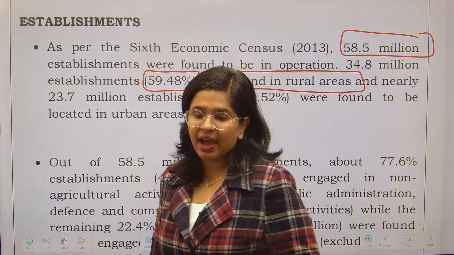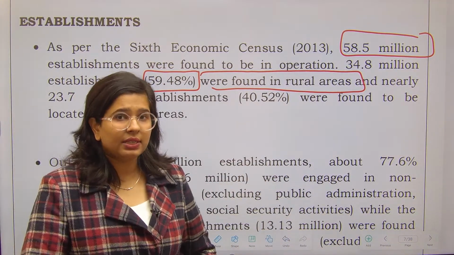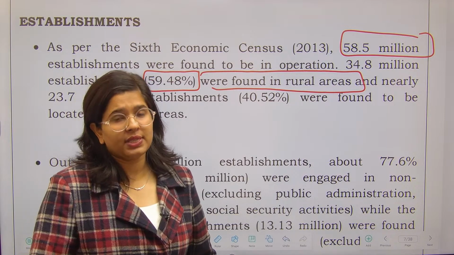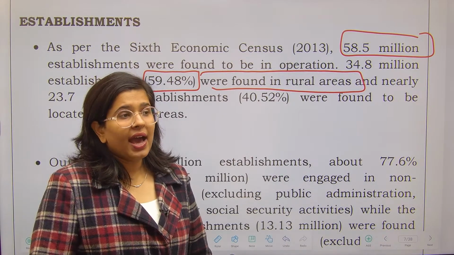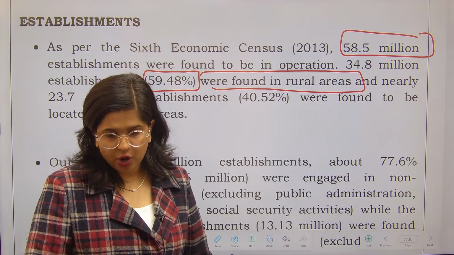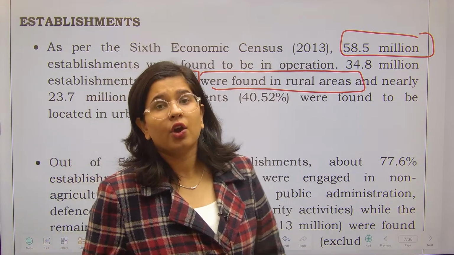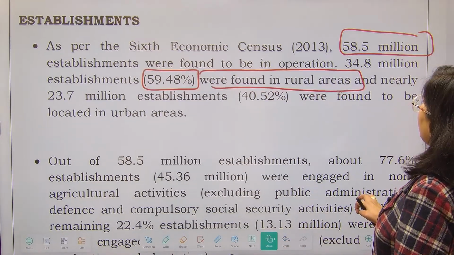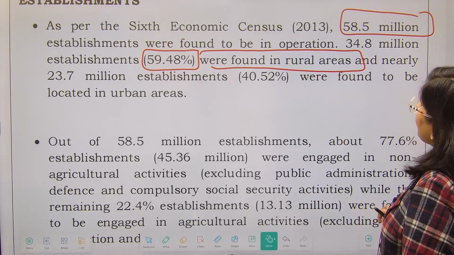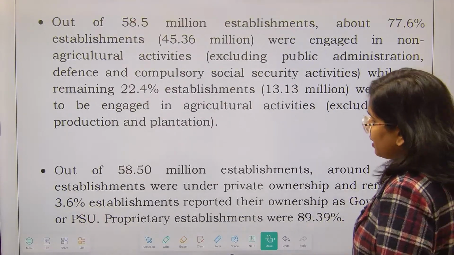So यहाँ पे we have to focus that, as per the sixth economic census that happened in 2013, the majority of establishments that are operational are in the rural areas. If I have to say, approximately 60% of your establishments have been found to be operating in or from rural areas.